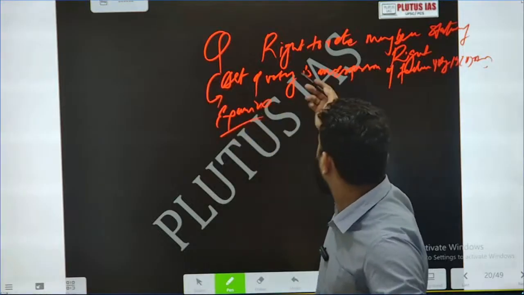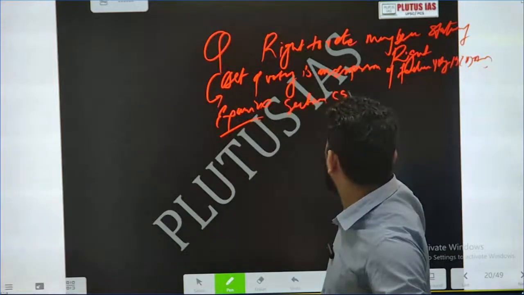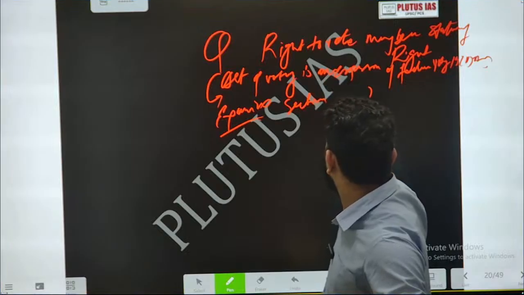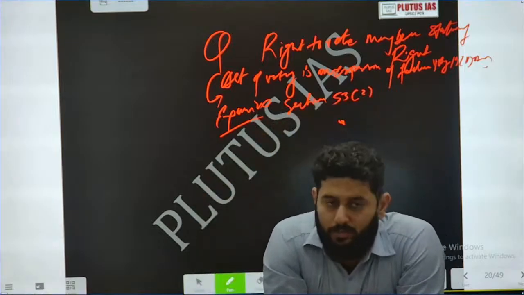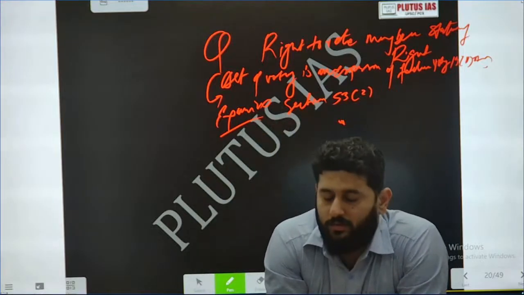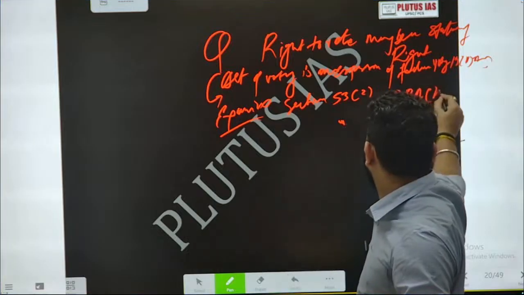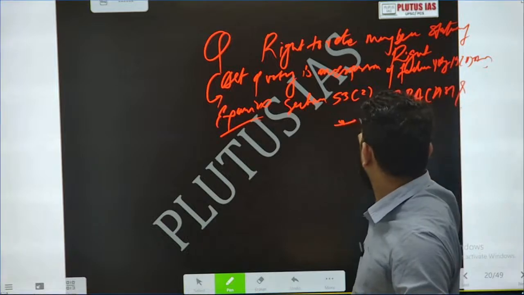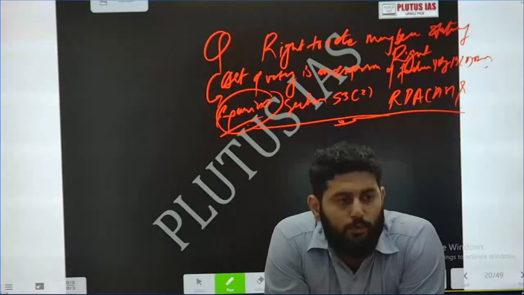Examine Section 53 clause 2 of the Representation of the People Act. So this is an examine, this is the mains question. Now, how do you write on this? What is the approach of this answer?